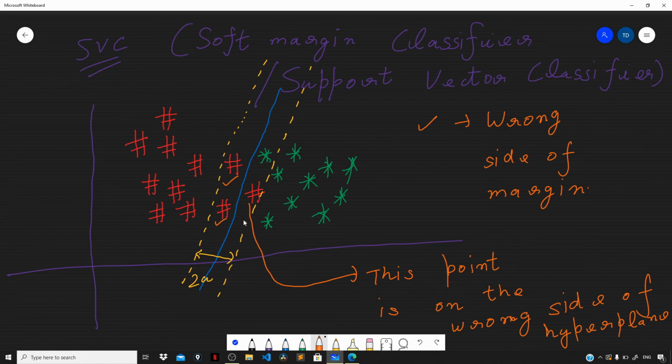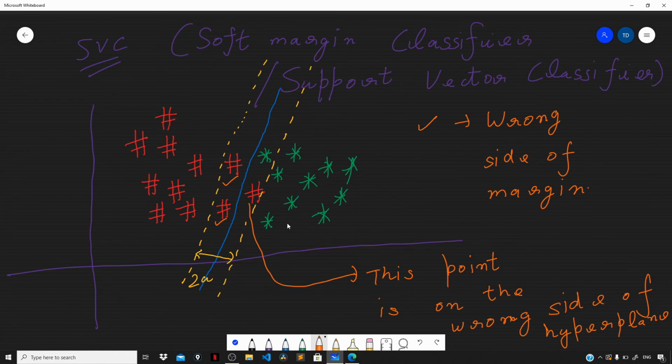Why are we saying this? Because it lies to the right of the hyperplane, whereas it should be on the left side of the hyperplane, because all the observations of class 1 are on the left side of the hyperplane. So this one is a misclassification, right? And it is lying on the right side of the hyperplane, where all asterisks are supposed to lie.